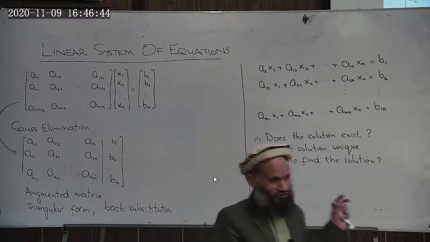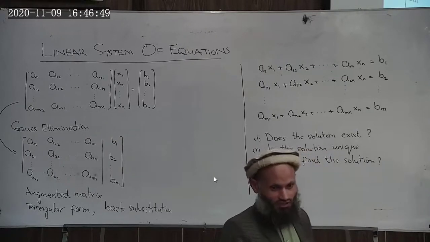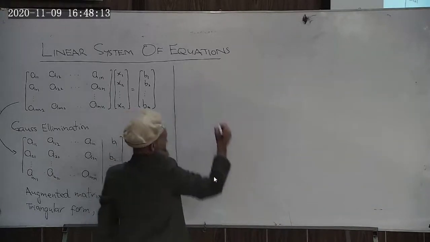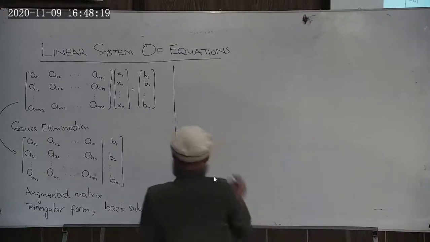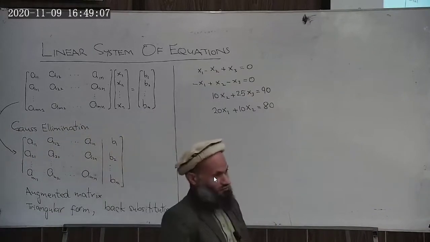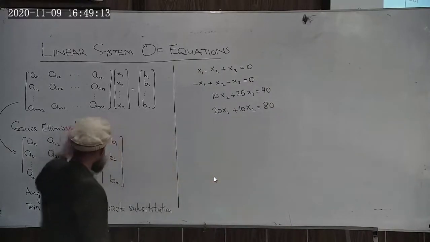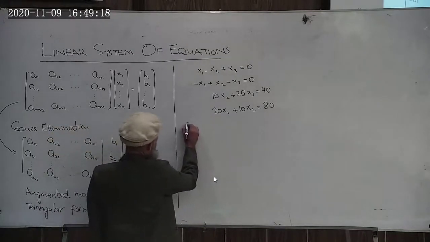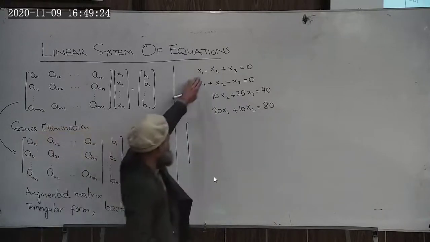Generally it is more difficult to understand general cases, so let's elaborate these points with the help of specific examples. We have this system of equations and we want to solve it using matrices. Now we know how to write this system of equations in matrix form, and then how to obtain the augmented matrix. To construct this augmented matrix, we write the coefficients.